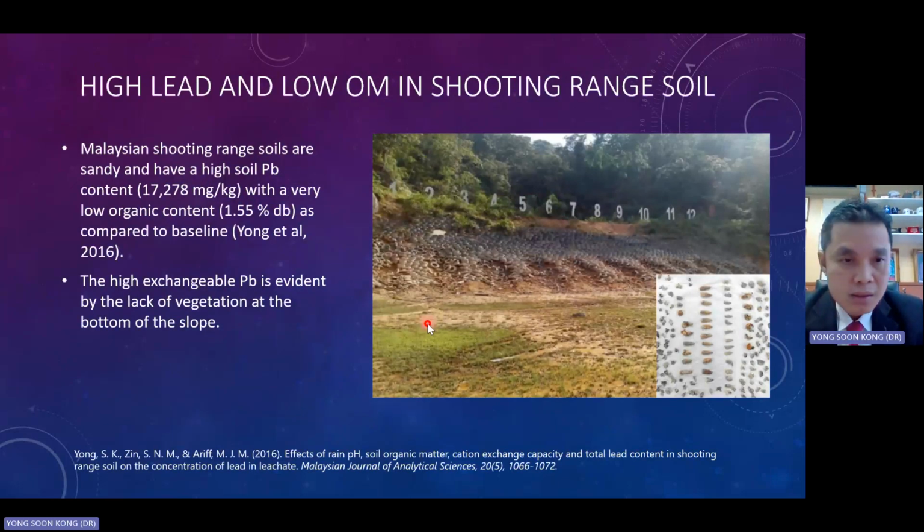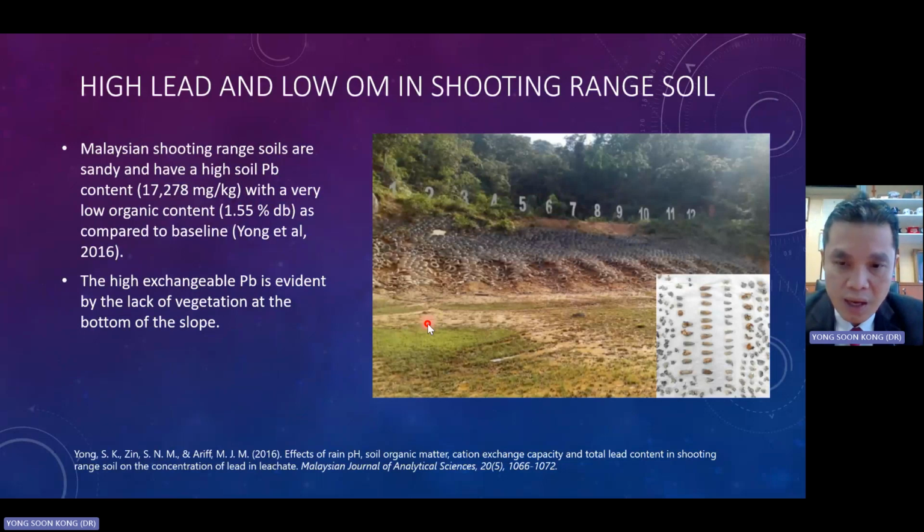So another case study that I've done is on the Malaysian shooting range soil. As reported by much literature, it contains a high level of lead. But in the Malaysian case, it is also sandy with low clay and silt content. And what's worse is that it also comes with a very low organic content. Not surprisingly, because of the nature of the shooting exercise, no vegetation can grow on the slope.